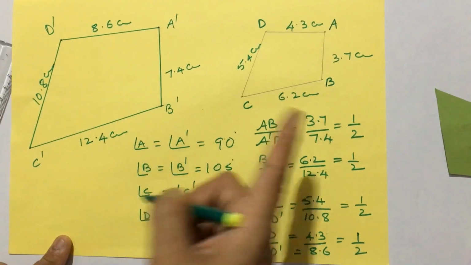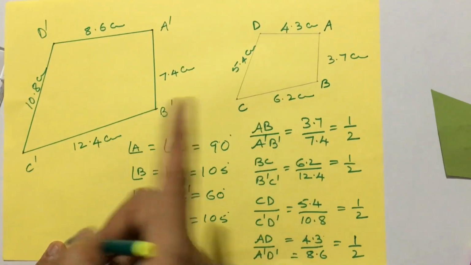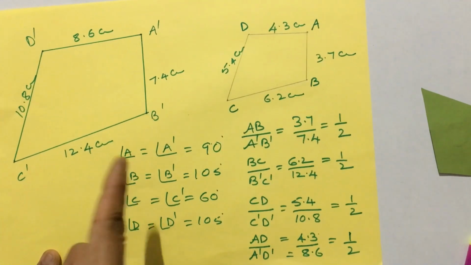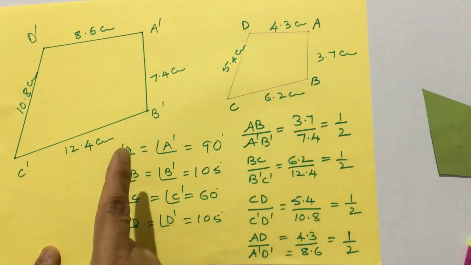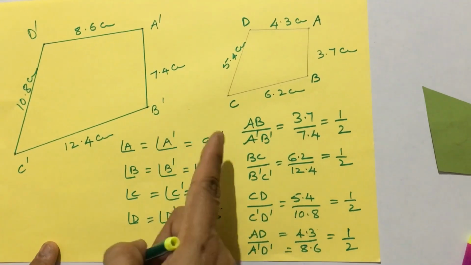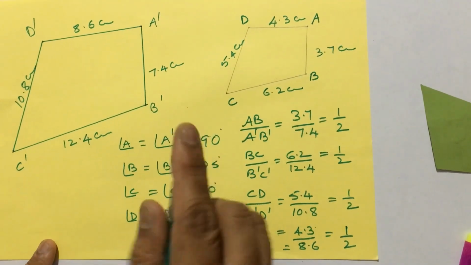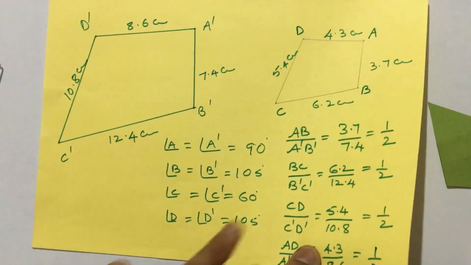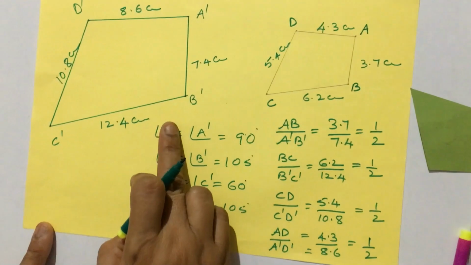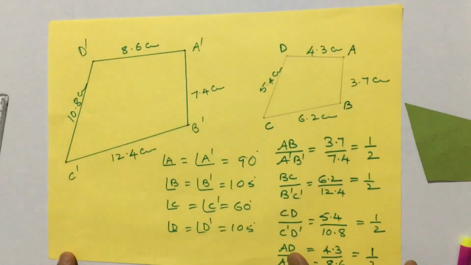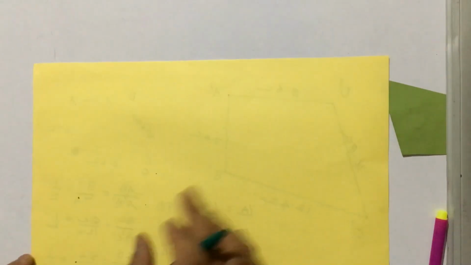These two are looking similar, but only when the corresponding angles are equal as well as the corresponding sides are proportional can you say that the figures are similar. So from this you can say that the quadrilaterals ABCD and A dash B dash C dash D dash are similar.